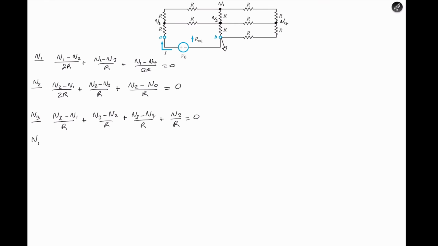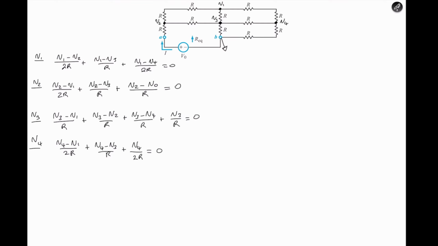And then at terminal 4, we have V4 minus V1 all over 2R, plus V4 minus V3 all over R, plus V4 with reference to ground. You could say V4 minus 0 volts, but just say V4 all over 2R. And that's equal to 0.